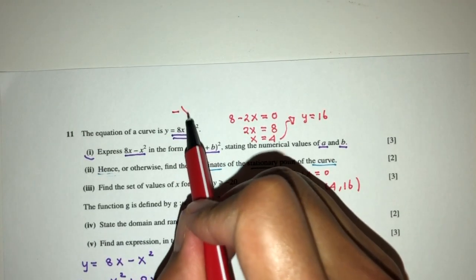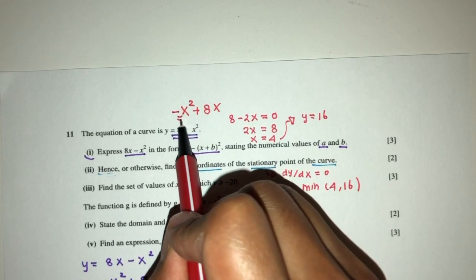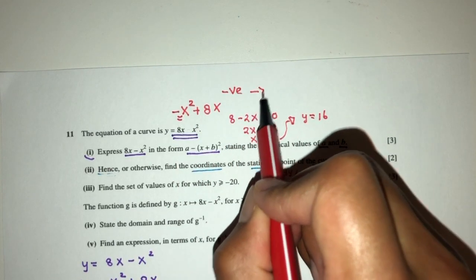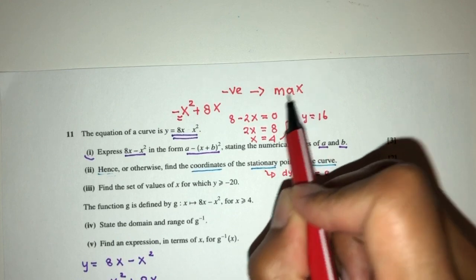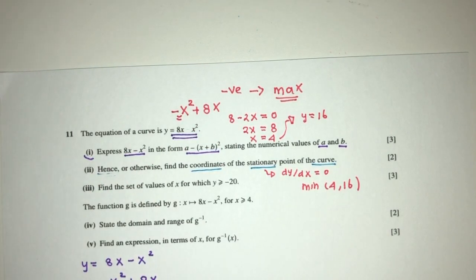Now we can see clearly, because here we have minus x squared plus 8x, and the coefficient of x squared is negative, it will be a maximum point. We don't need to know this here, but this is for your own good if you have to state whether it is a maximum or a minimum point.